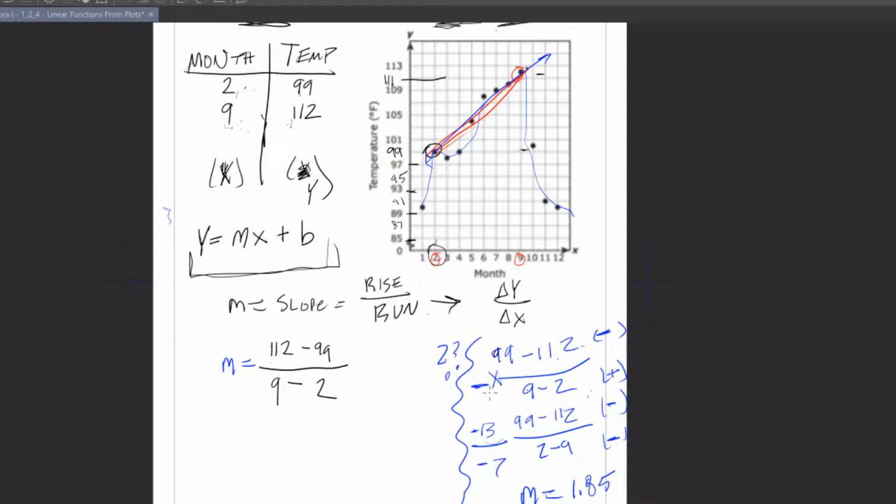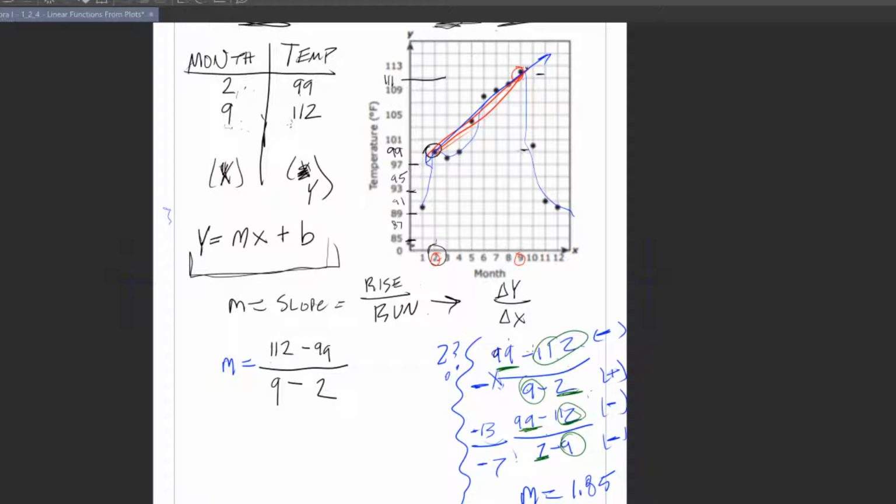One thing we notice about the difference between these two, we know that on this one, month 9 is associated with this value, and month 2 is associated with this value. But on this equation, 99 is associated with month 2, and 112 is associated with month 9.